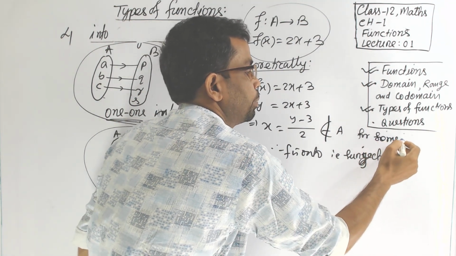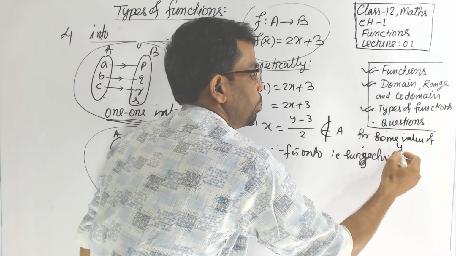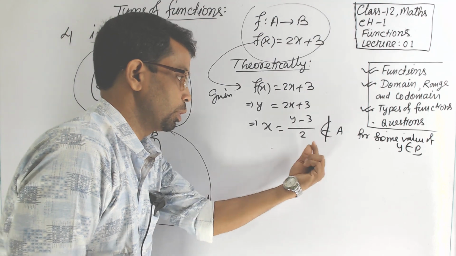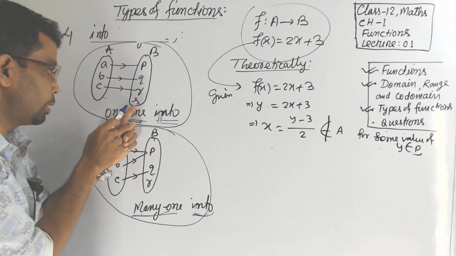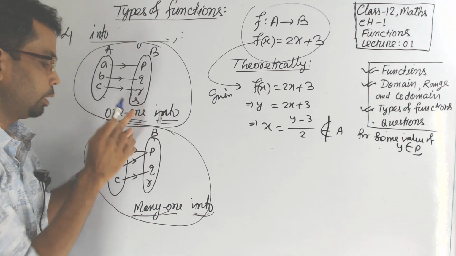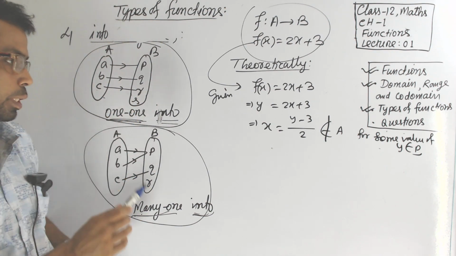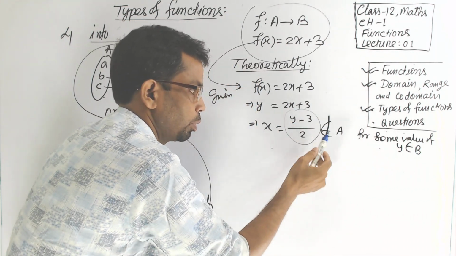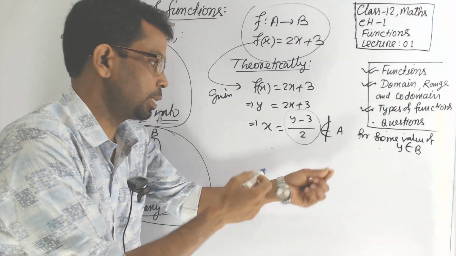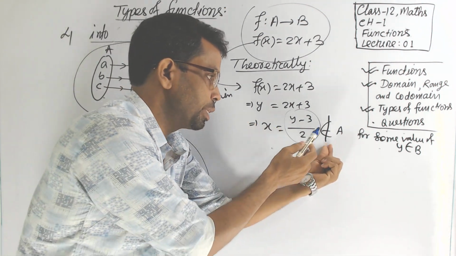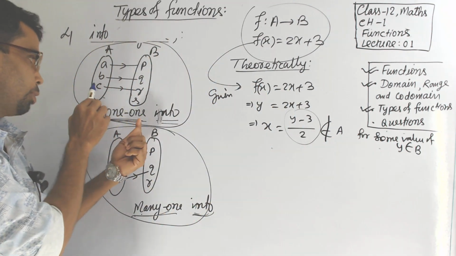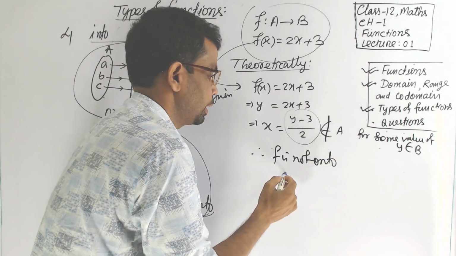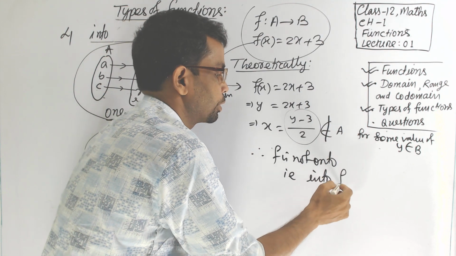We can write here, for some value of y belongs to B, at least for one value of y, it will not belong to A. At least for one value, meaning here for S, the preimage does not belong to set A. For R, the preimage does not belong to set A. The meaning is there is some element in B for which the preimage does not belong to A, as here S has no preimage in A, and then the function f is not an onto function, and a not onto function is called an into function.